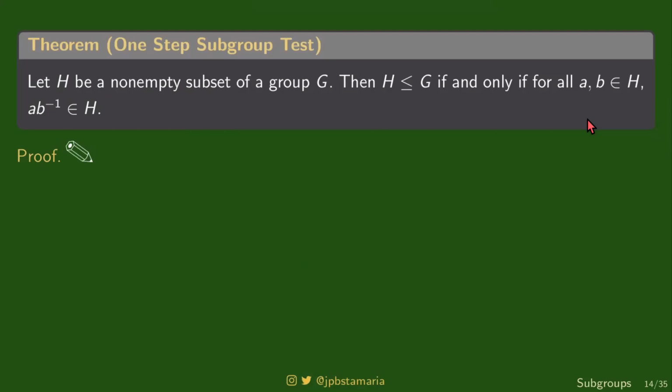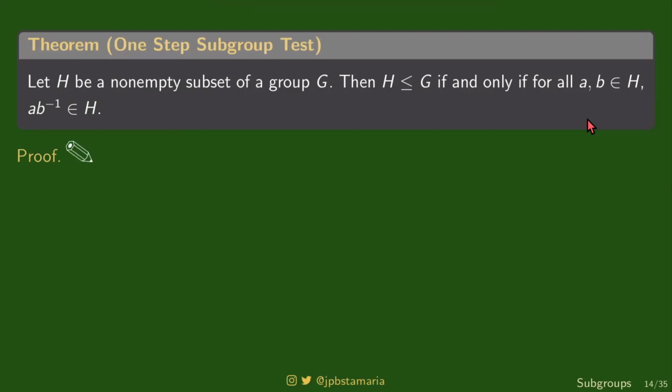Kailangan mo lang i-check na kapag kumuha ng, ang gagawin mo lang pala, let A and B be in H. Ang ipoprove mo lang yung A B inverse dapat mapunta sa H. Pag nagawa mo yun, that will suffice as a proof for the fact that H is a subgroup of G. Isang step lang. Wala ka nang kailangang i-check na kung ano-ano. Naintindihan niyo?